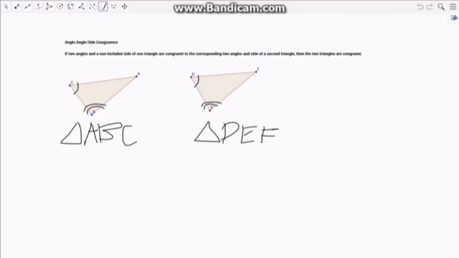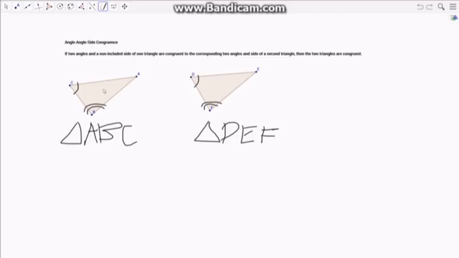The non-included side of triangle ABC is the side that is not formed between angle C and angle B. It could be side AC or side AB, which could be equal to side DE or side EF.